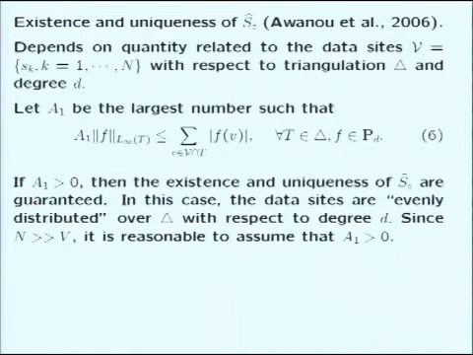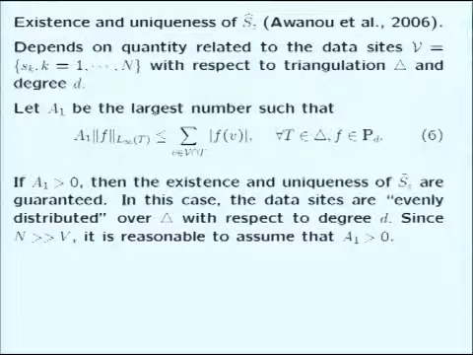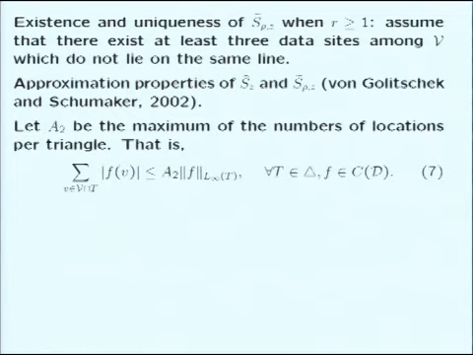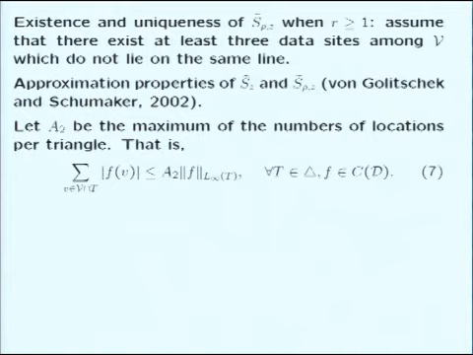Okay, so roughly when A1 is positive, that means that the data sites are evenly distributed over delta. It's not very clear that it's exactly that, but it's roughly the idea, because if the L infinity norm is too high or this is too small, you get into trouble. It's reasonable to assume that A1 is positive when n is greater than the number of vertices.